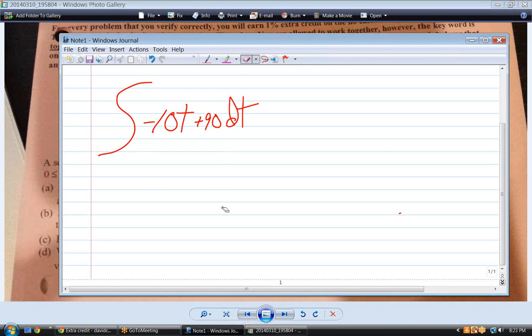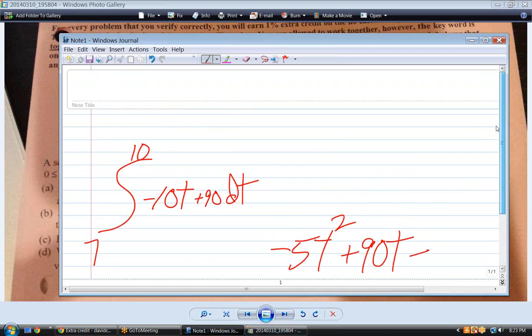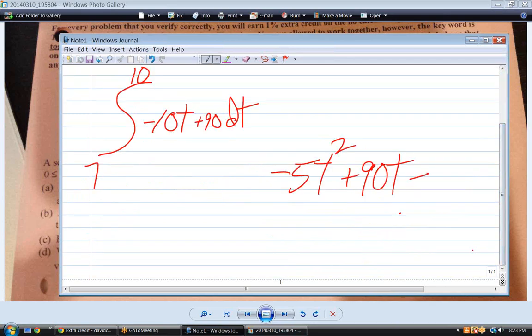I want the integral of that from 7 to 10, which does give me minus 5. This might be the answer the more I think about it. And what was that number? We got negative 265.